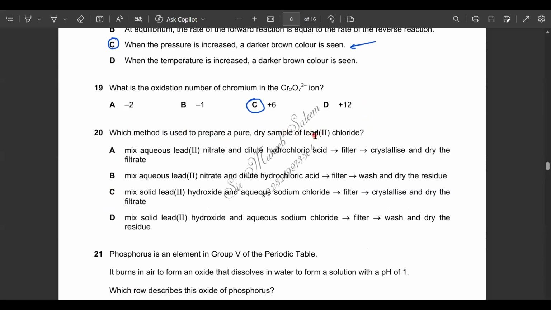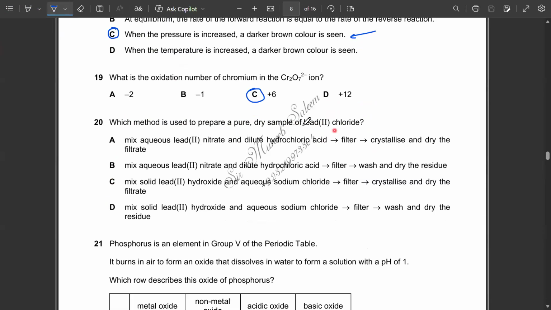So we have to recall the different methods we studied about the preparation of salts. Here, lead chloride is basically an insoluble salt. So being an insoluble salt, we would refer to the method related to insoluble salt formation.